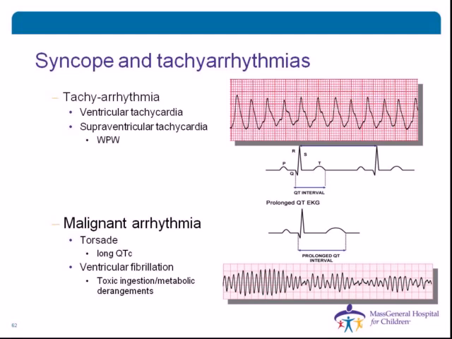This could be diagnosed with an electrocardiogram demonstrating pre-excitation on the baseline EKG. There can also be malignant arrhythmias caused by long QT or Brugada syndrome. These malignant arrhythmias may be torsade or ventricular fibrillation, which can be seen in toxic ingestions and severe metabolic derangements.